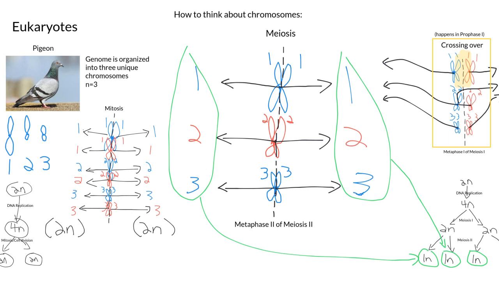Crossing over occurs at this stage, and it can lead to mosaic chromosomes. These mosaics are going to be chromosomes that have both blue and red sections on them that will then, again, segregate independently in meiosis II, creating even more unique combinations of gametes.